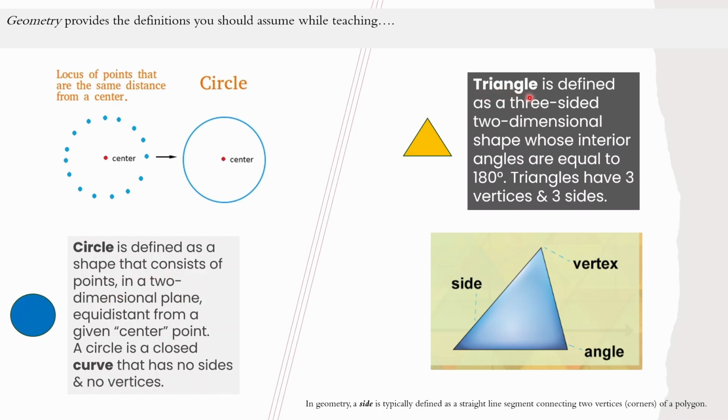Meanwhile, a triangle is defined as a three-sided two-dimensional shape whose interior angles add up to 180 degrees. Triangles have 3 vertices and 3 sides: 3 little points, 3 internal angles, and 3 sides. 1, 2, 3.